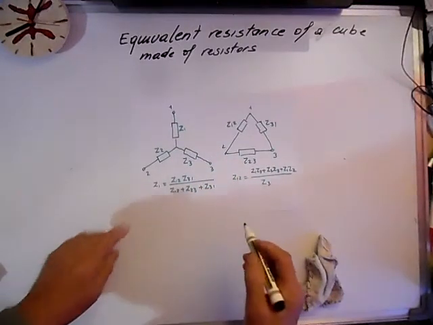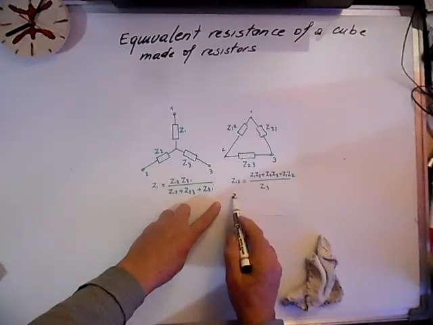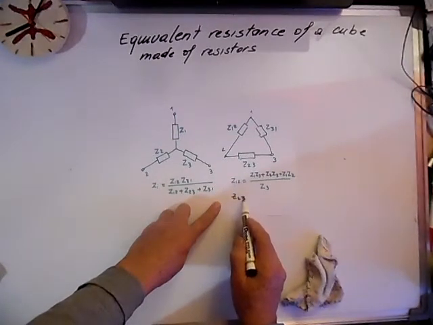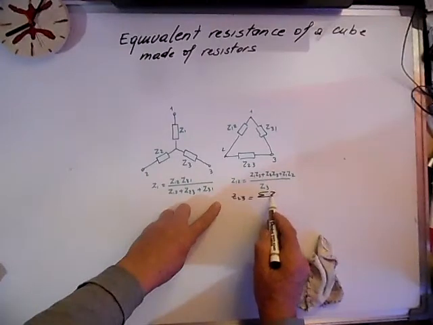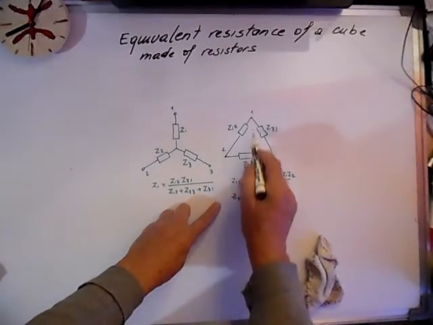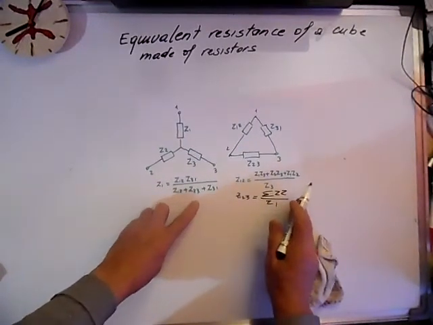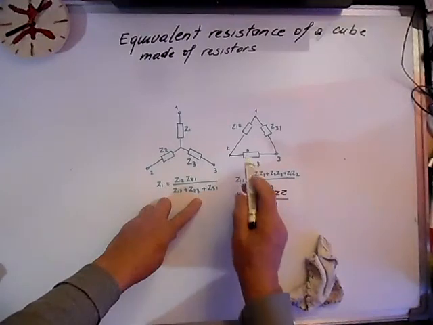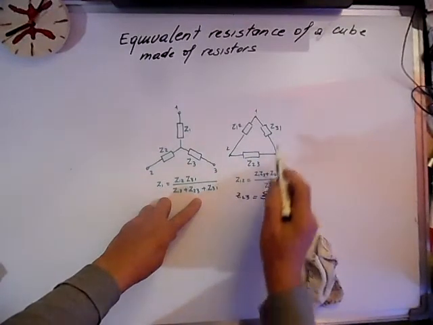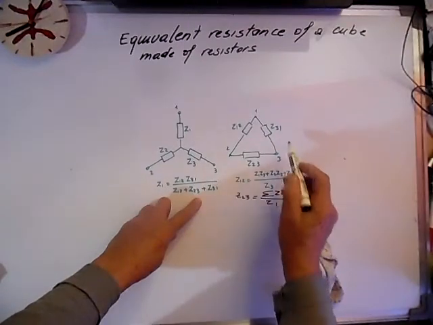And we can calculate as well Z23, which is equal to the sum of the Z's that we have calculated here over the opposite, which is Z1. And same thing for Z31, which will be divided by Z2. Okay, I'm going to write it here.